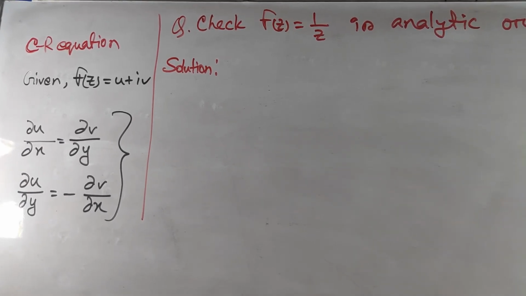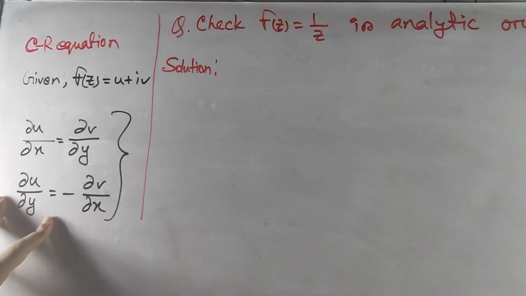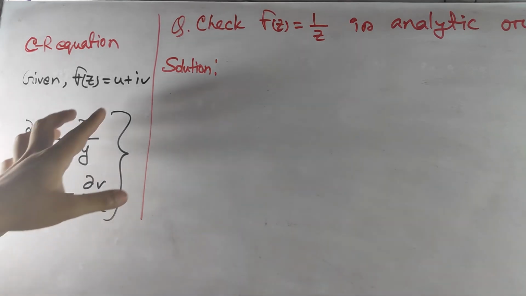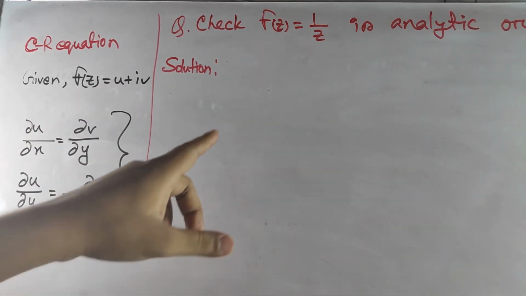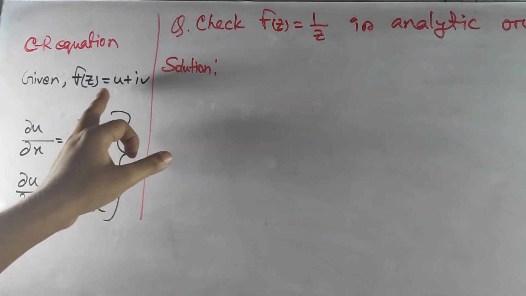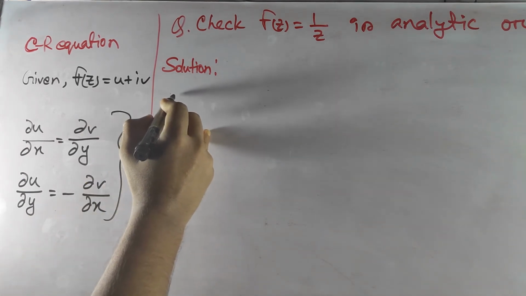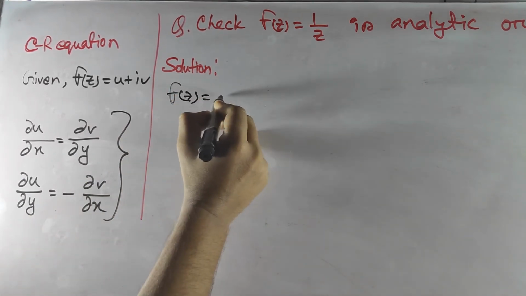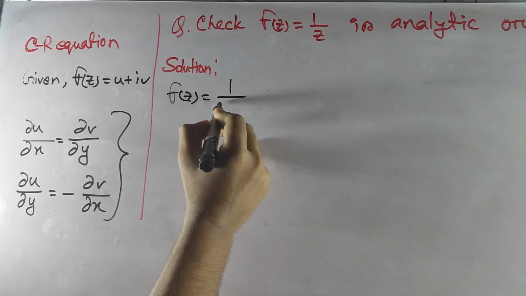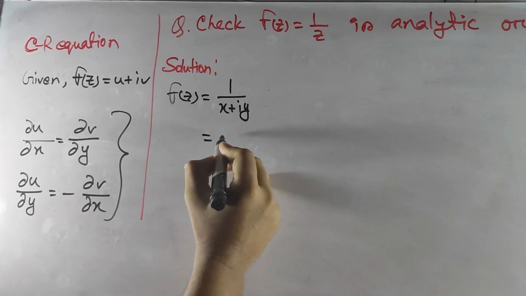Okay, see these CR equations. These CR equations are for a complex variable function, so we have to divide f(z) into two parts like u plus iv. Given f(z) equals 1 by z, that means 1 by x plus iy.